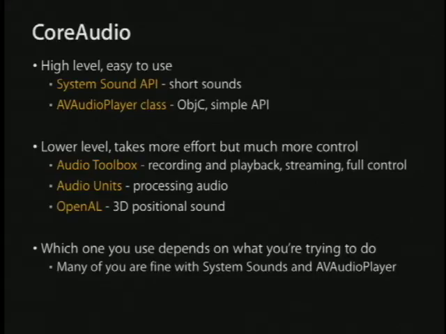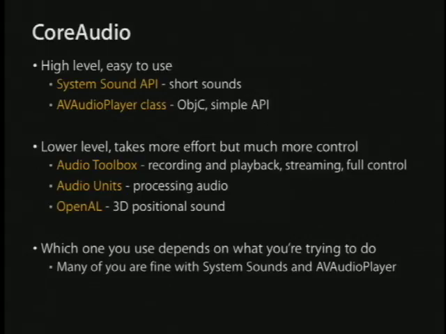One is the Audio Queue APIs, which come from the Audio Toolbox, and Audio Toolbox has some other tools in there for doing file parsing and stuff like that. There are audio units themselves, which are node-based processing engines, kind of the core of Core Audio. And then there's OpenAL, which is an open standard, just like OpenGL, which I'm sure you've all heard of. OpenGL is used for rendering video in a standard way across devices. OpenAL is for doing spatial rendering of audio.